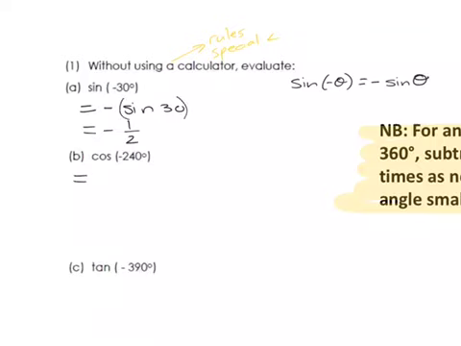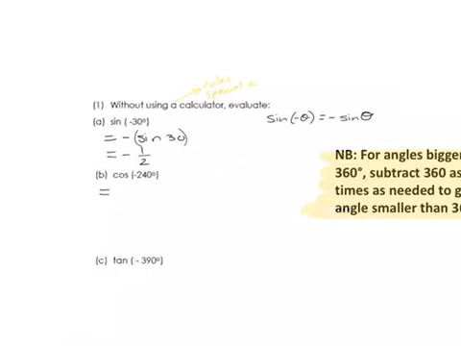Then for the next one, you first deal with the negative, then reduce using the rules that I've taught you. So cos of a negative angle, we pretend we're in cos's quadrant, so we take its positive version. So that was dealing with the negative first. Now we're going to have to reduce.